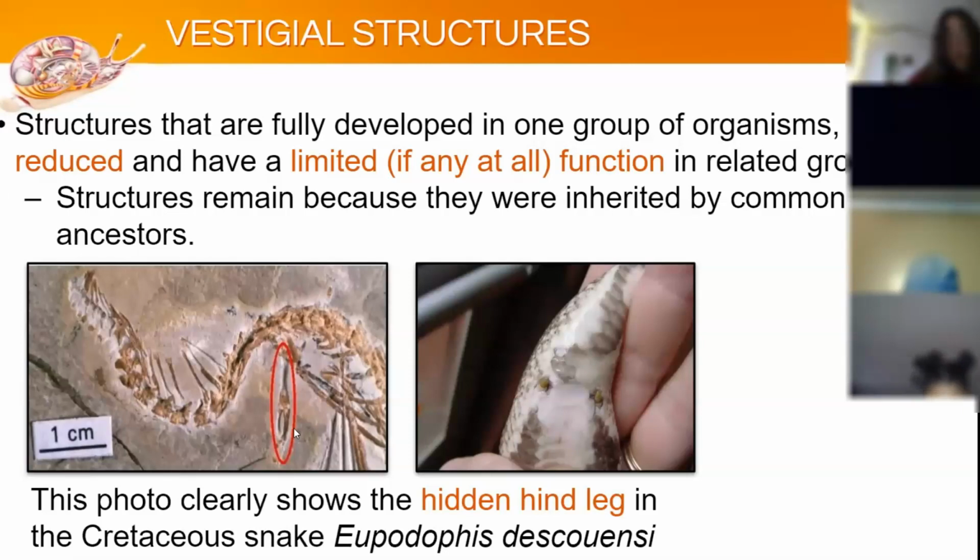So this is a snake, and you can see in its ancestral fossil the hind leg, and here we can see the nubbins left behind that were once that hind leg. So we can see these two organisms must be related, and that this is now a vestigial structure that has decreased in size because it was no longer used. It was no longer needed.